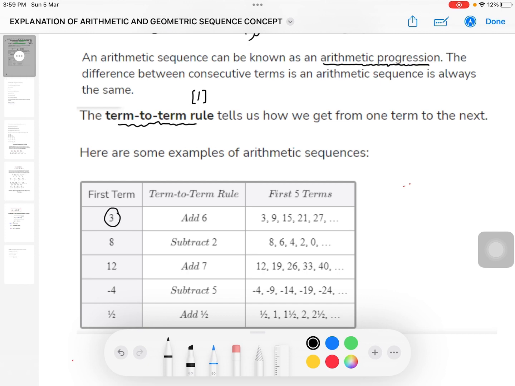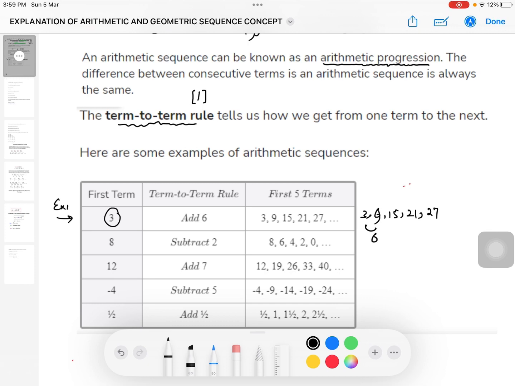Example number 1 says 3, 9, 15, 21 and 27. If you see this sequence, what's the difference here?